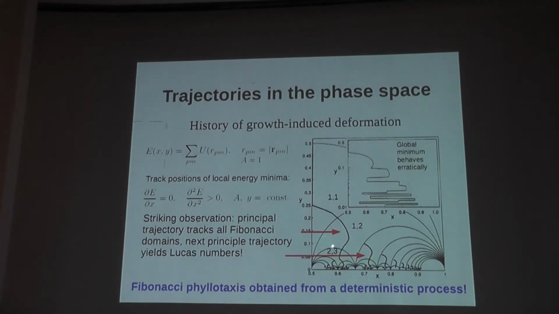Because it generates Fibonacci numbers naturally in a deterministic way, and also generates Lucas numbers under the natural assumption that we're allowed to make one mistake only, maybe that is convincing enough to say that maybe it's not really genes, maybe it's just a result. Fibonacci numbers are a result of a deterministic growth process in which the system is stressed, and out of the stress, Fibonacci numbers come out naturally.